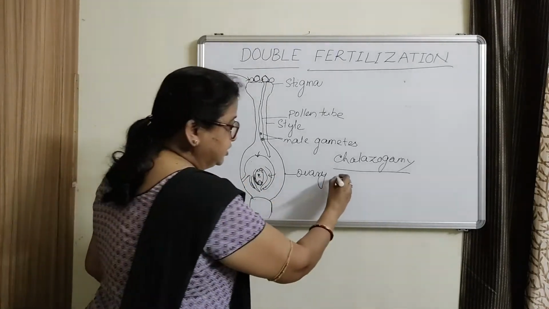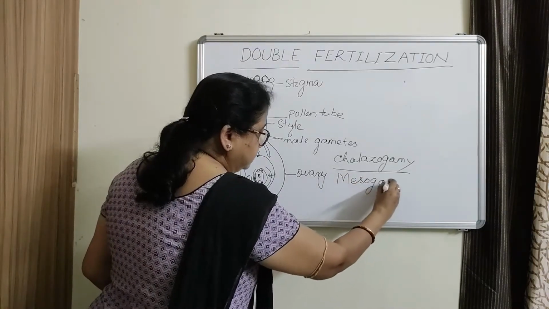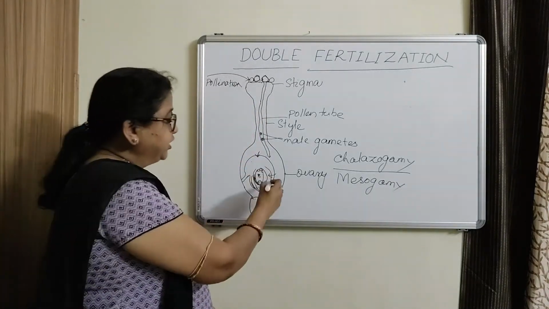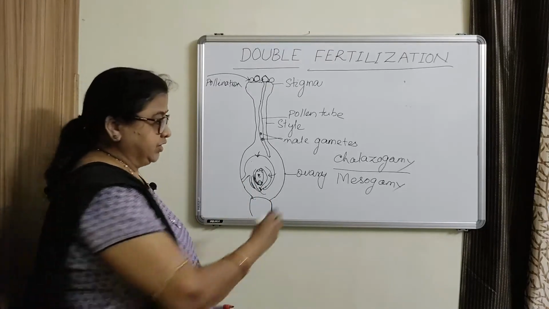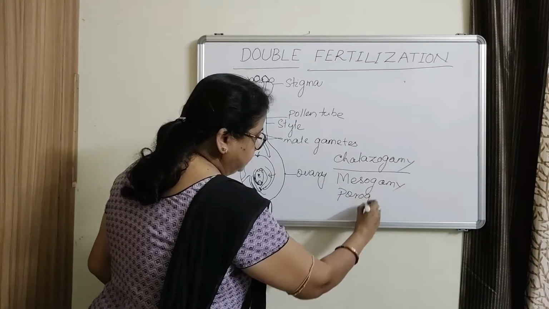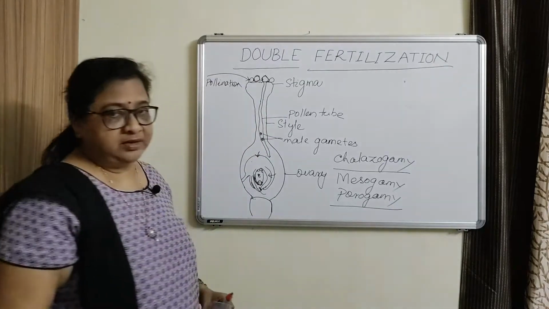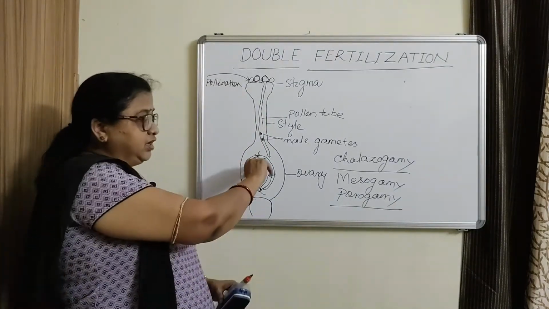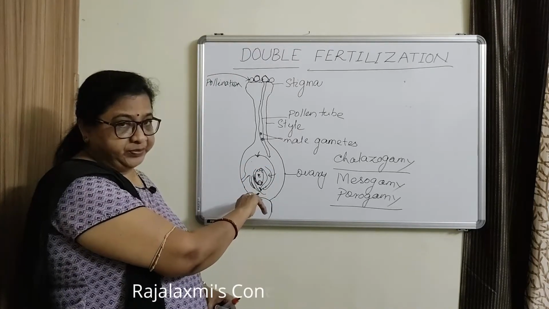It is known as mesogamy. Or the pollen tube may enter through the micropyle of the ovule. It is known as porogamy. Porogamy is the common occurrence. That means in the majority of cases the pollen tube enters the ovule through the micropyle.